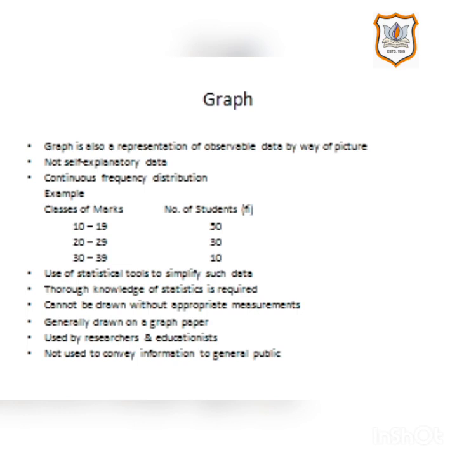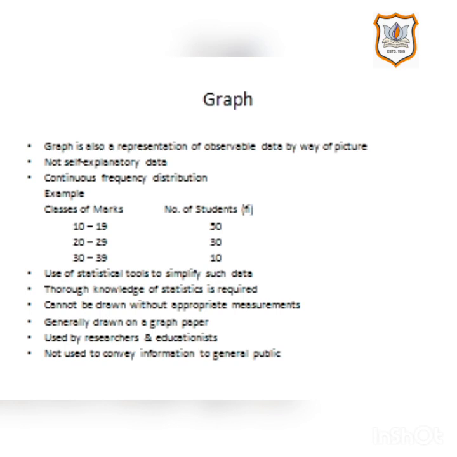Now, in order to simplify this statistical information, use of statistical tools is made. And because statistical tools are being used, therefore a person needs to possess thorough or detailed knowledge of statistics in order to draw these graphs.